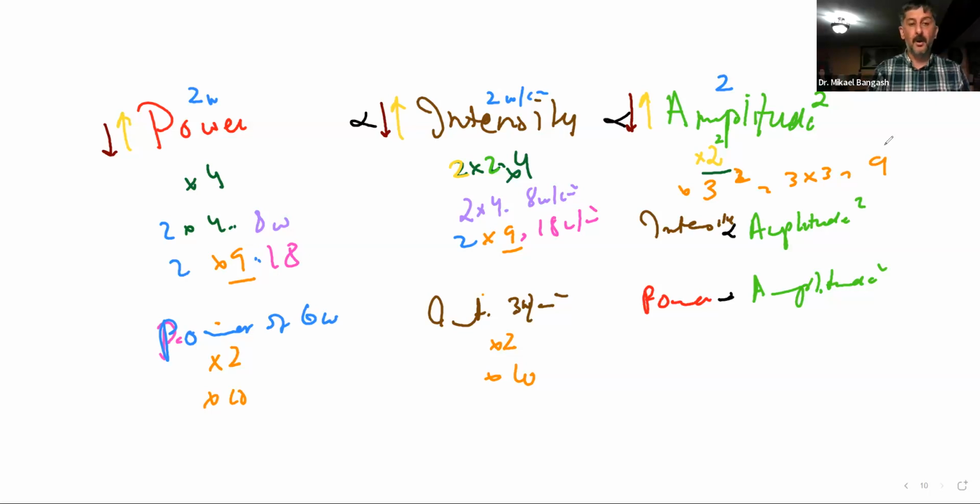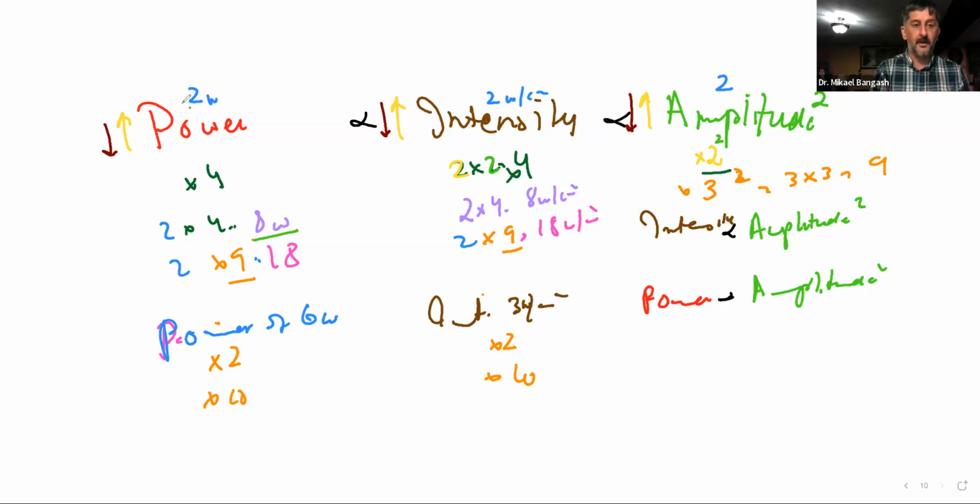But when they say you had an initial power of 2 watts, and the amplitude increases twice, what is going to be your final power? That's when we say amplitude increases twice, which means power will increase 4 times.